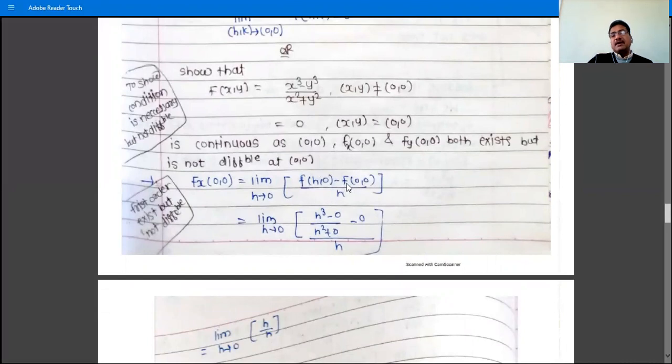If all four ways fail for an example, then the function is differentiable.